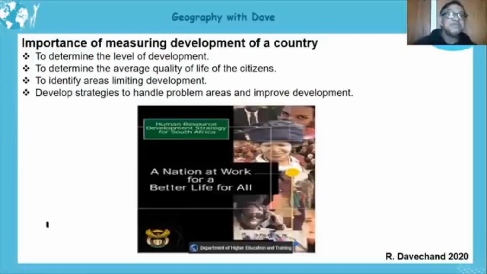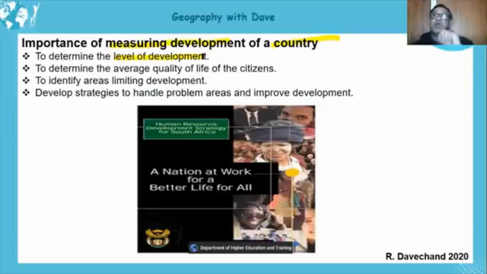Now, importance of development. I know I've added this on, but it's necessary to know why development is important. Why do we measure development and why is development important? To determine the level of development, where are we now?